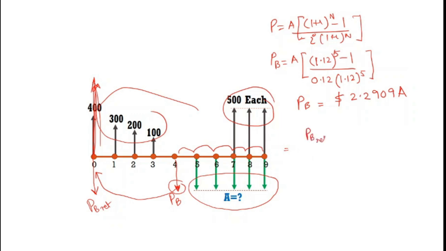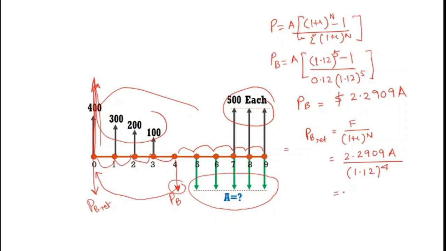PB net, this we can compute by F upon (1 plus i) to the power n, where F is given as 2.2909A upon 1.12. Now for the number of years, 1, 2, 3, 4.